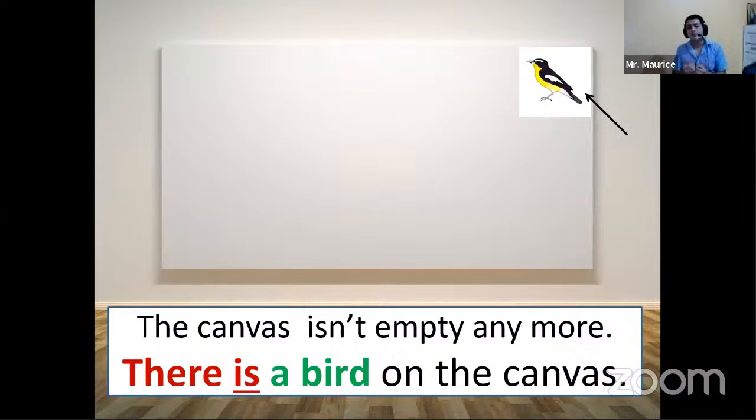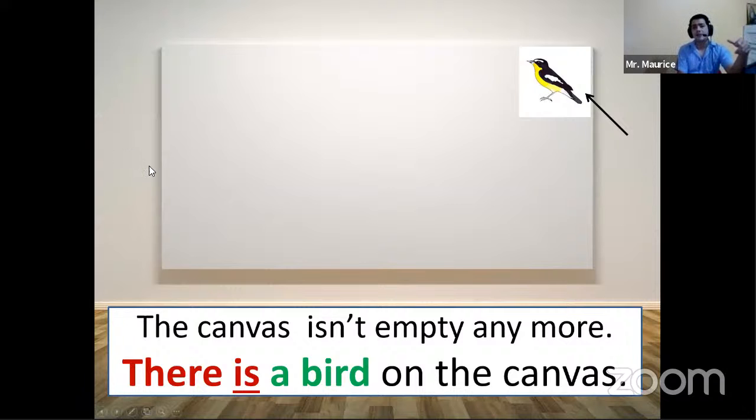Hay, en singular, there is. There is a verb. Hay un ave. There is a verb on the canvas. You see? Verb, only one, is singular. There is a verb on the canvas.